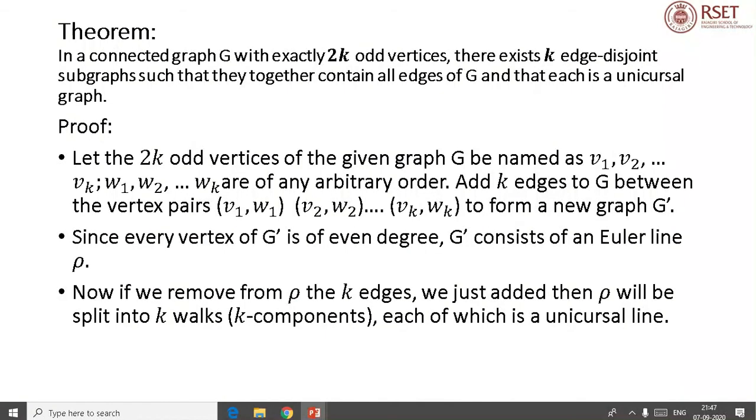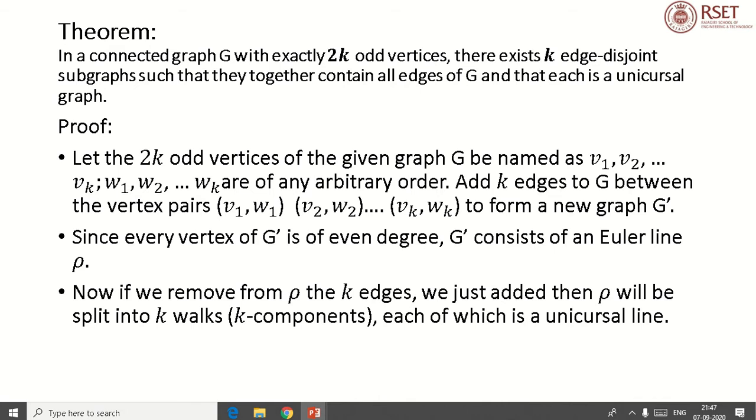Now we can see a theorem connected to universal graphs. In a connected graph G with exactly 2k odd vertices, there exist k edge-disjoint subgraphs such that together they contain all edges of G and each is a universal graph. You can see the proof.